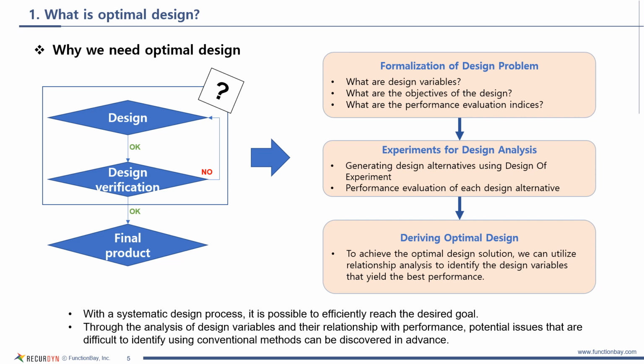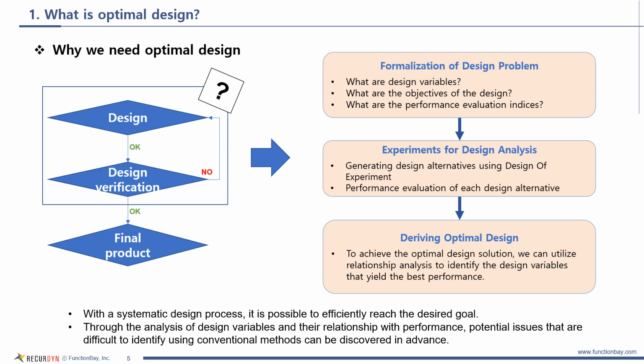On the other hand, by pursuing the optimal design, a more efficient approach becomes possible. First, we formalize the design problem by defining design variables, design objectives, and performance indices. Then, to understand the relationship between design variables and performance indices, we conduct experiments on several designs. The method of constructing experiments for performance evaluation is called design of experiment.